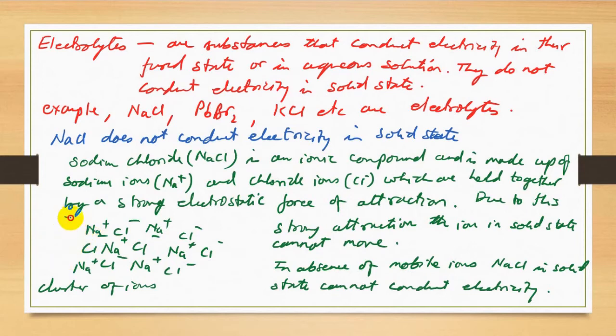This is the particular state in which it is present, isn't it? Now, the same NaCl, if you take in fused state, then it can conduct. Or if you take in aqueous solution, then it can conduct. So why is it so? That also we have to know.